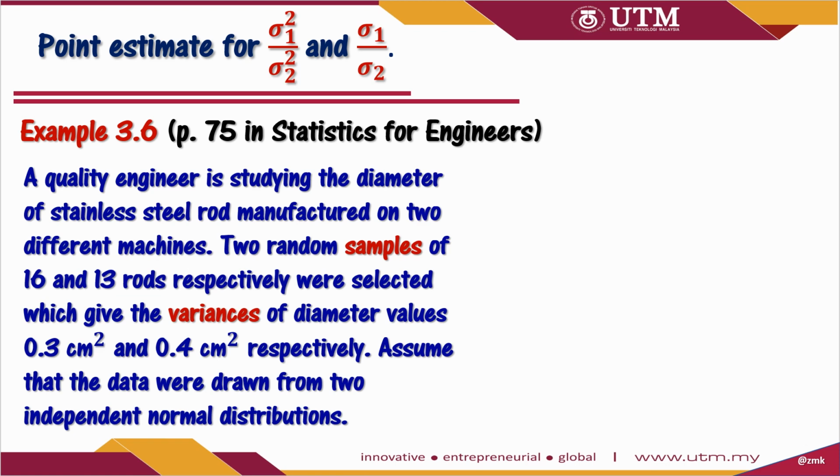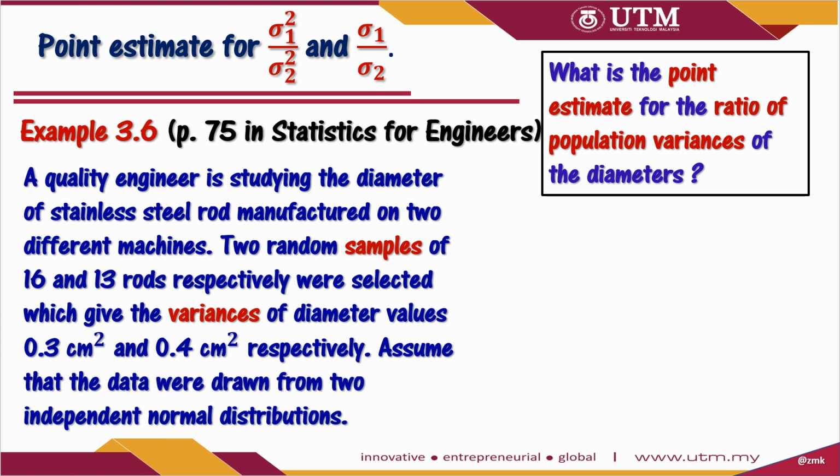The first question in this slide is, what is the point estimate for the ratio of population variances of the diameters? If we look at the given sample information again, we can notice that the value of S1 squared, which is the first sample variance, is given by 0.3 cm squared, and the value of S2 squared, which is the second sample variance, is given by 0.4 cm squared.